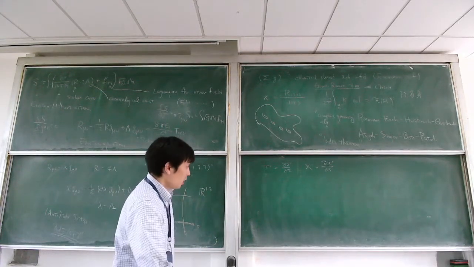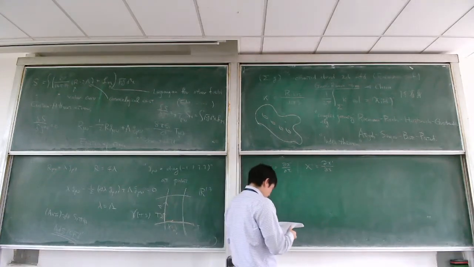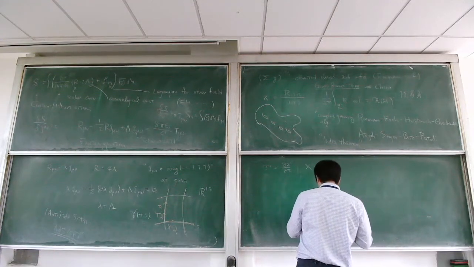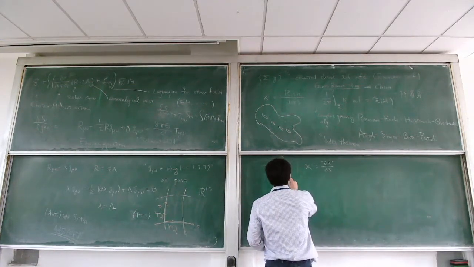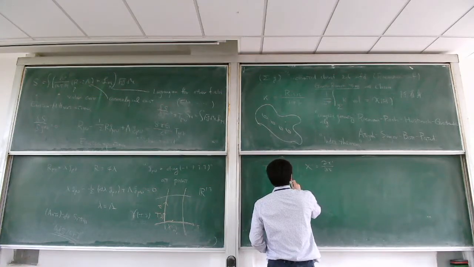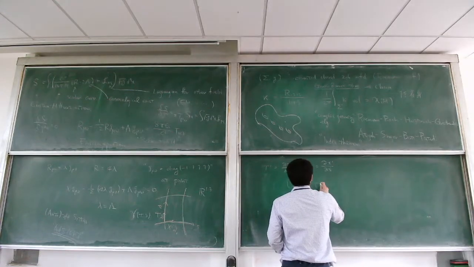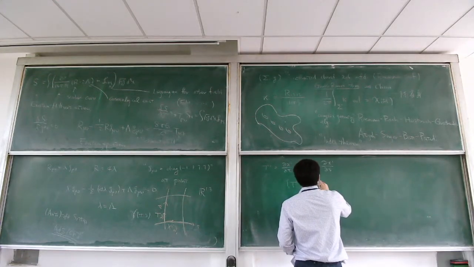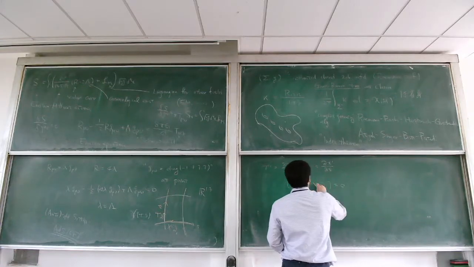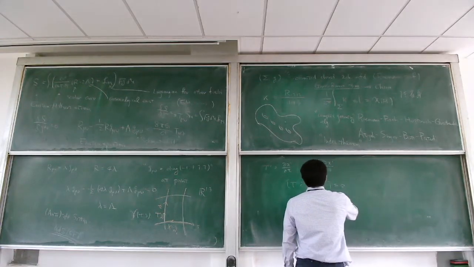By definition, T^i partial_i and X^j partial_j always commute.